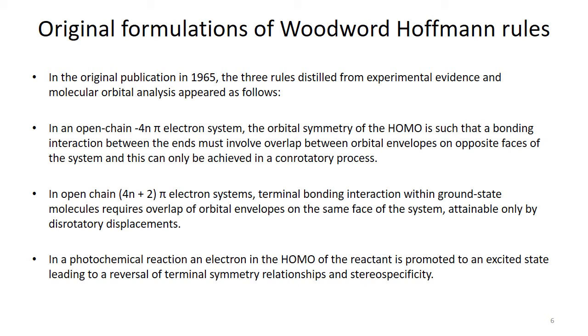When the orbitals overlap on the opposite faces of the system, we call it antarafacial. So in a 4n pi electronic system, the orbital symmetry of the HOMO should be such that there is an antarafacial kind of overlap, and this can only be achieved in a conrotatory process.